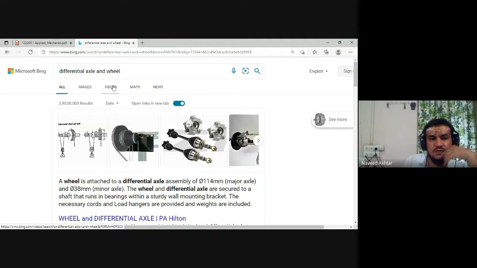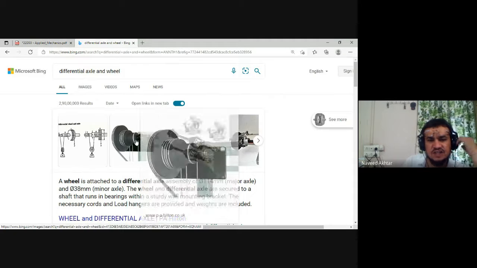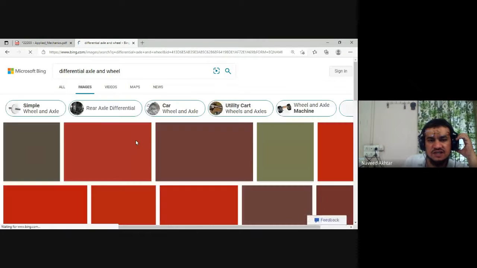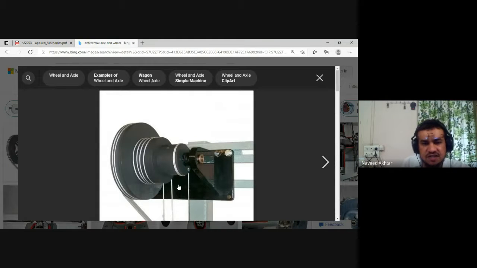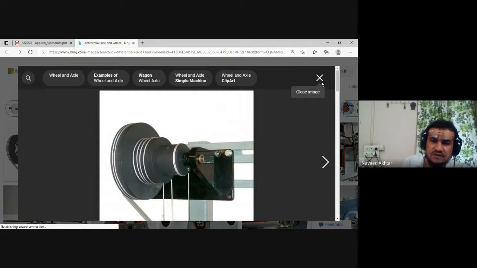If you come to these images, you can see the images of the differential axle and wheel. One is the pulley, the large drum, and the small drum. This is your wheel.